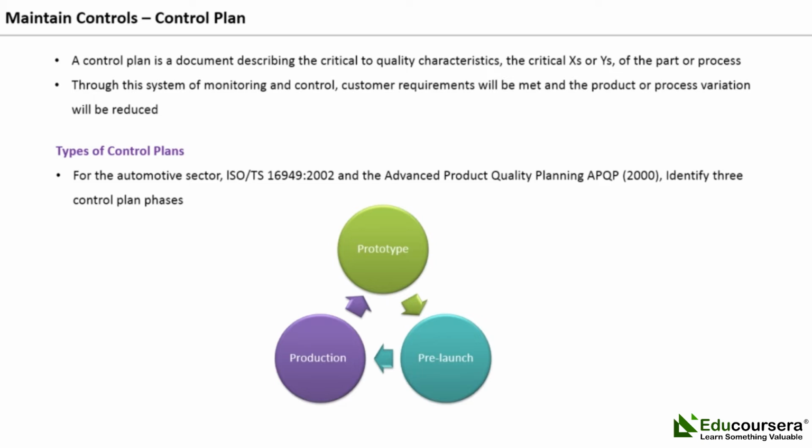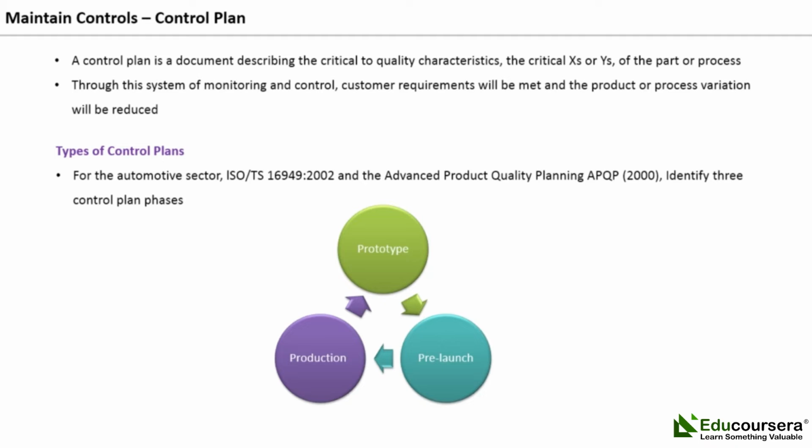A prototype control plan is used in the early development stages when the part or process is being defined or configured. This control plan will list the controls for the necessary dimensional measurements, types of materials, and required performance tests.